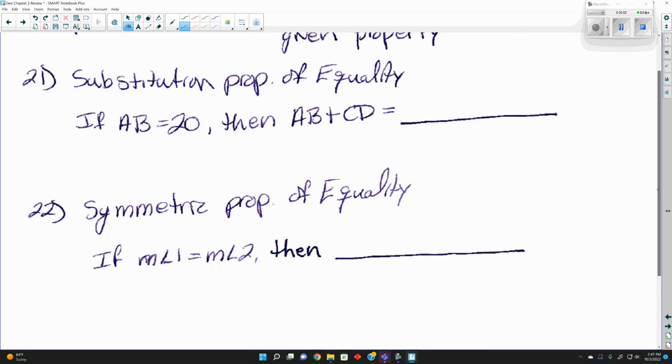So 21 and 22, guys, we're still going to need to get through this. So again, with these here, we're just applying the properties. Substitution property: if AB equals 20, then AB plus CD is equal to, because we substitute the value in.